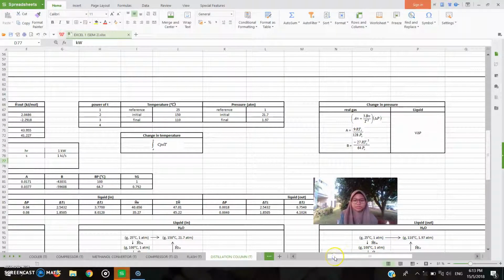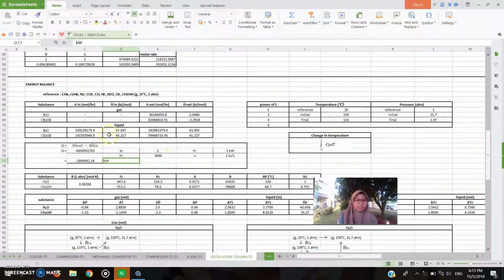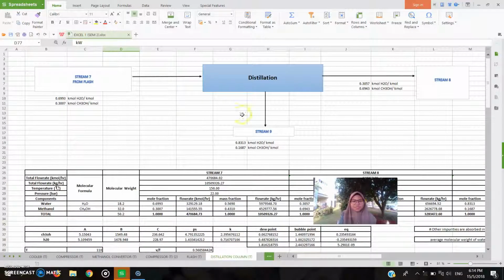After we substitute all of the values into the equation, we get all of these values, and the Q for this column is negative 1,849,042.14 kilowatt. By the way, this distillation column is to purify methanol.